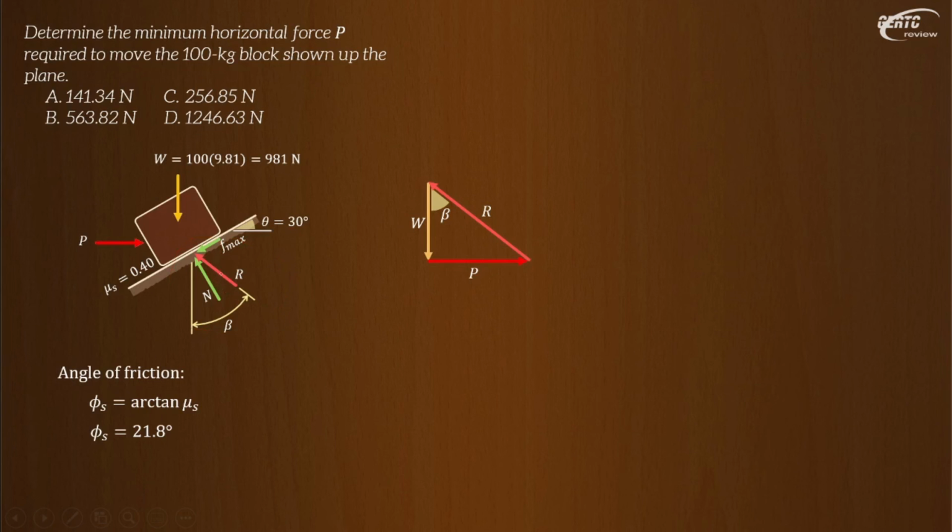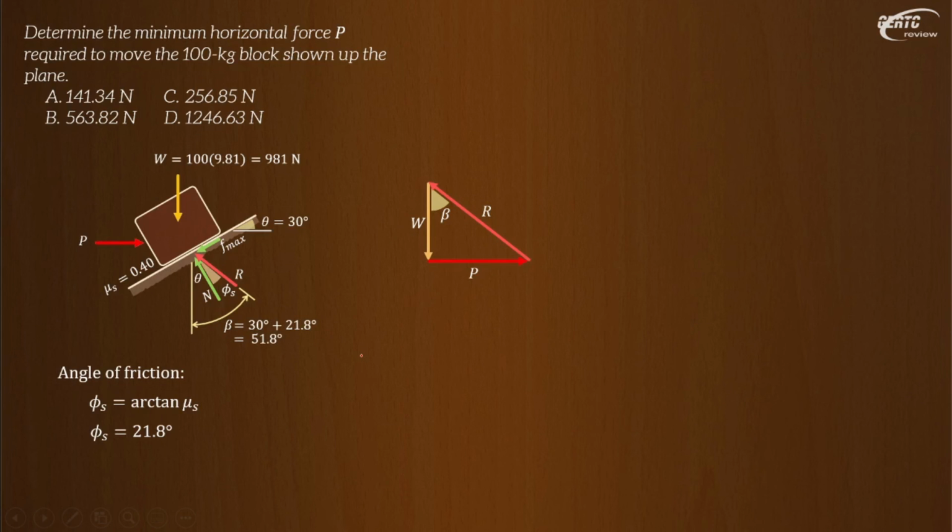The angle of R from the normal is your angle of friction, which is 21.8. The normal from the vertical is your angle of inclination, theta, which is 30 degrees. So beta is equal to theta plus phi, which is 51.8.